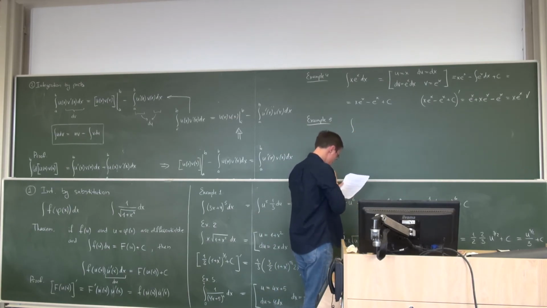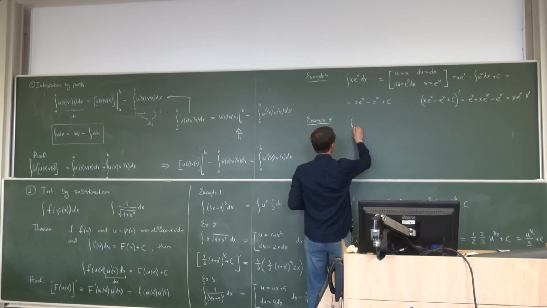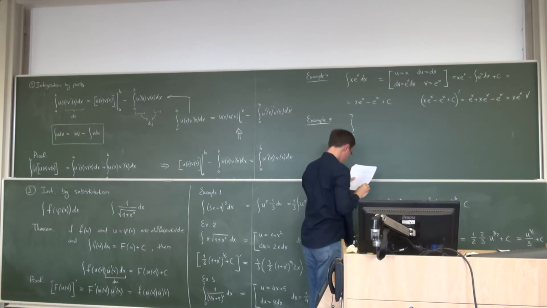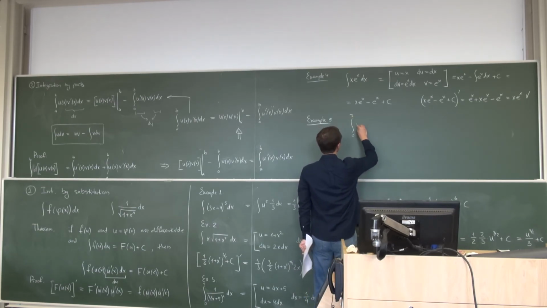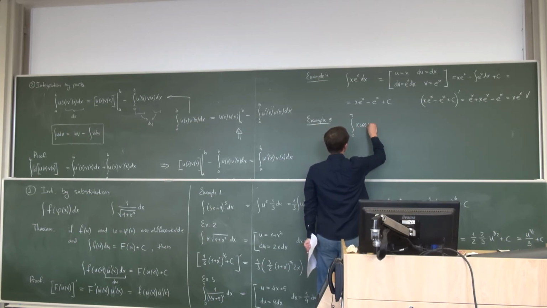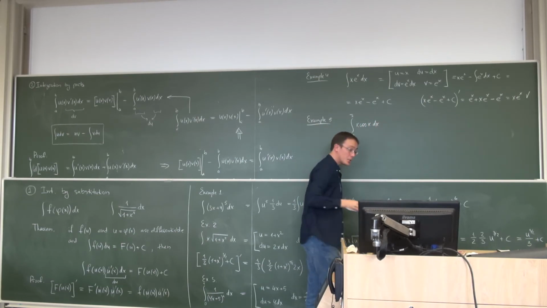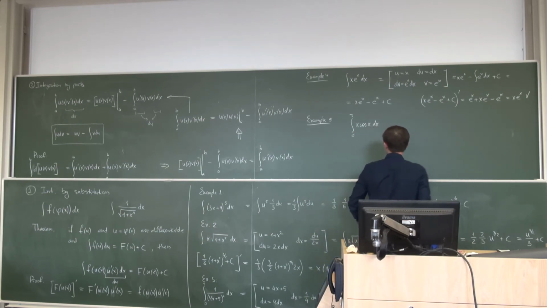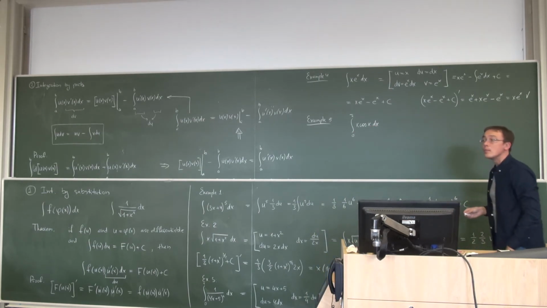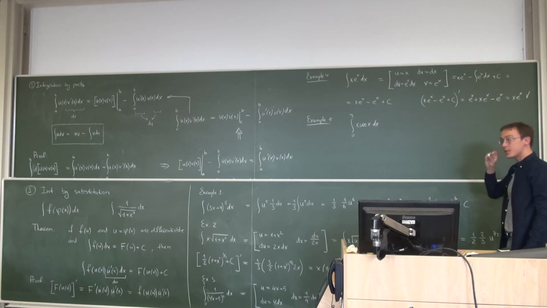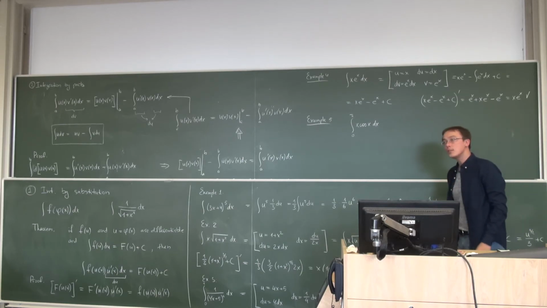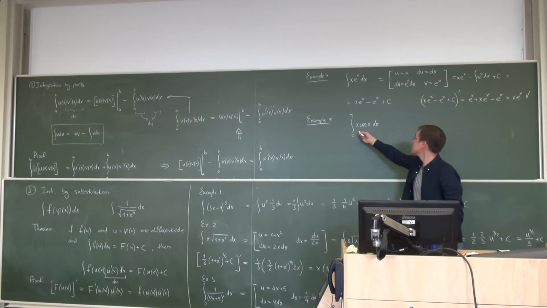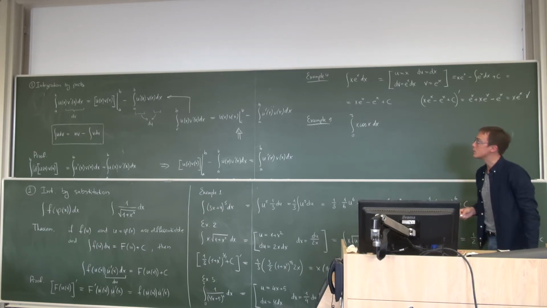Integral from 0 to pi of x cosine x. Same problem in that this is not a table integral, however same solution in that individually x is easy to differentiate and cosine is easy to integrate.